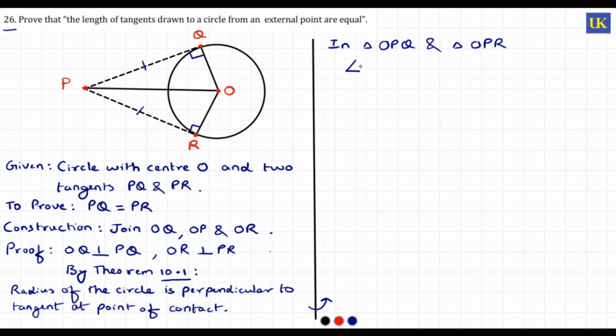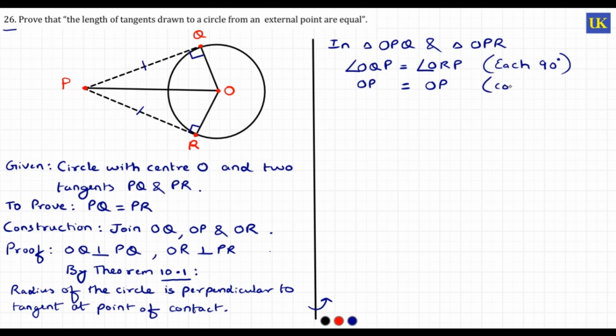Now I'll say that here angle OQP is equal to angle ORP. Why I'm saying this is because both the angles are 90 degrees. Then I can say that OP is equal to OP, right?